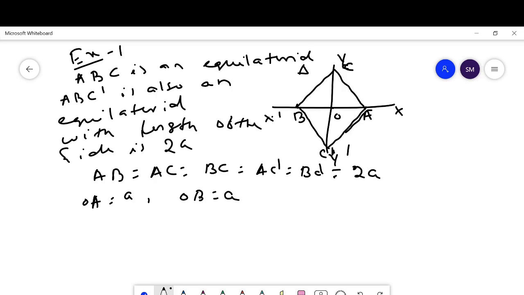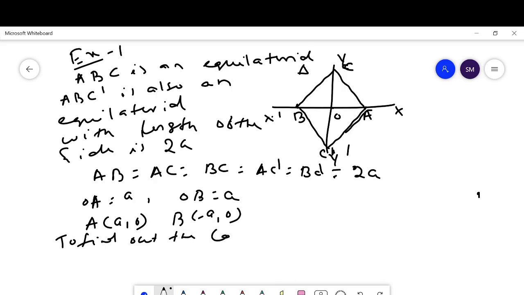Here the A coordinate is (a, 0) and the B coordinate is (minus a, 0), and we have to find out the coordinates of C and C dash.